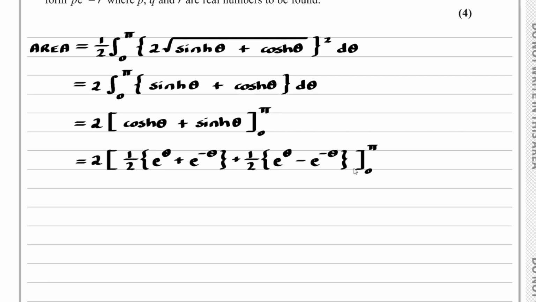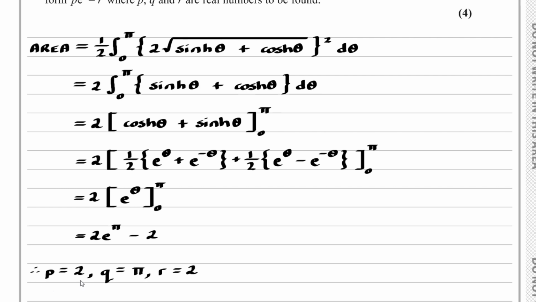If we simplify all this, we end up with 2 multiplied by e to the theta, and we need to evaluate this between 0 and pi. Once we substitute these limits in, we end up with 2e to the pi subtract 2. And so we can see that p is equal to 2, q is equal to pi, and r is equal to 2.